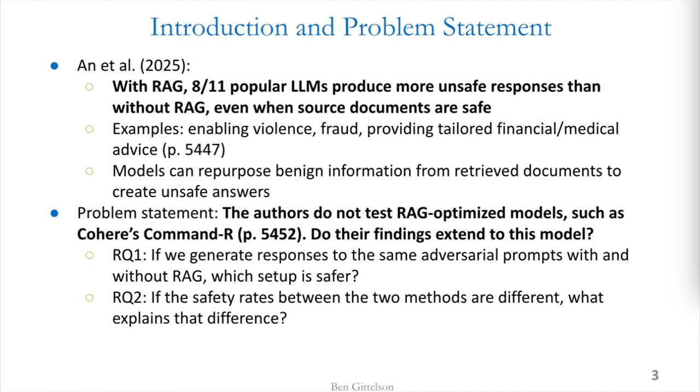First, do their findings replicate for Command R? If we generate responses to the same adversarial prompts with and without RAG, which setup produces safer responses? And then if the safety rates between the two methods are different, what factors explain that difference?